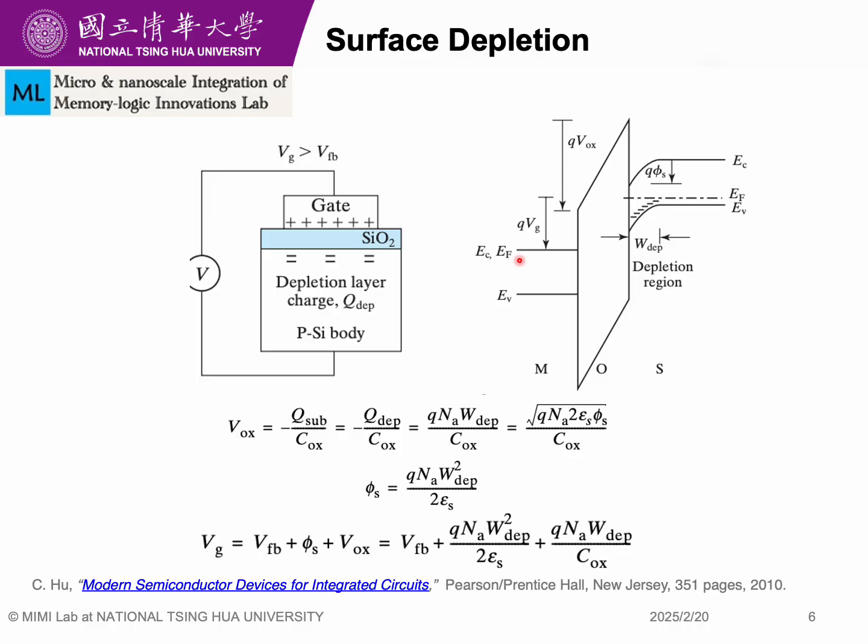Again, we can do the calculation that we did before. This surface will be negative charge area, and this will be positive, and hence here we will have slightly negative charged carriers, minority carriers. This is called the depletion of majority carriers, and it has some width, the depletion region width.